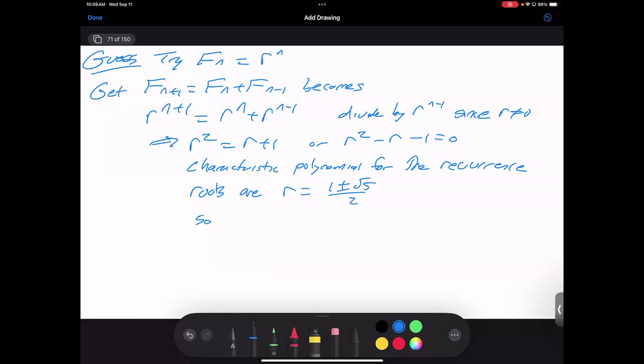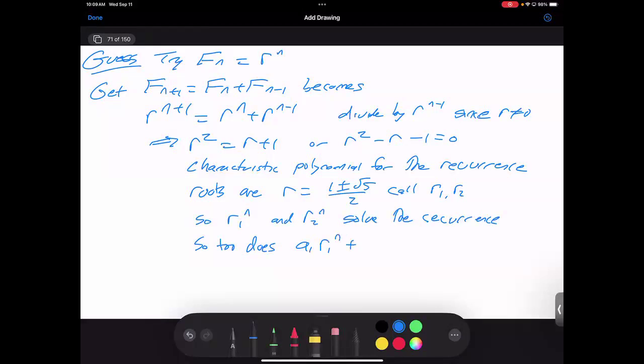So if we call these R1 and R2, so R1 to the n and R2 to the n solve the recurrence. So does A1 R1 to the n plus A2 R2 to the n for any A1 and A2.